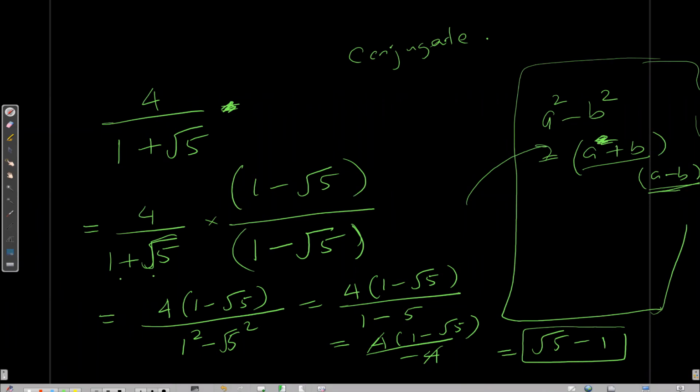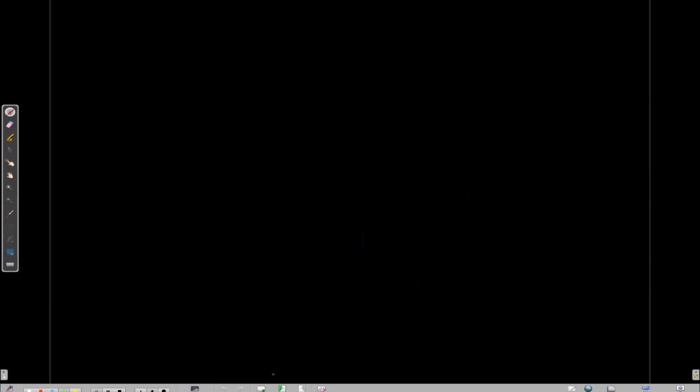Now let's see a few more examples. So far we have been talking about square roots. Now roots with different numbers. This means 8 raised to 1/3.